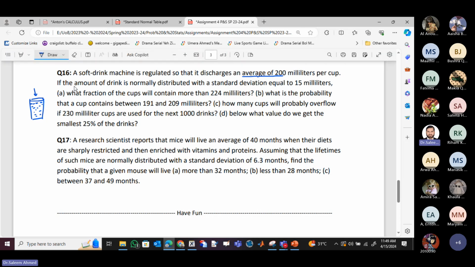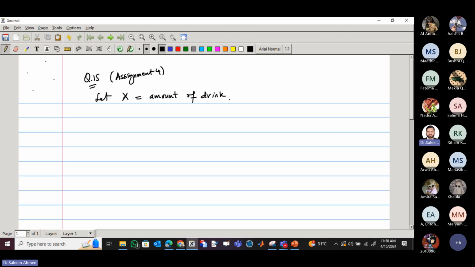If the amount of drink is normally distributed with standard deviation 15 milliliters, then X is normally distributed with mu and sigma, where mu is given as 200 ml and sigma was given as 15 ml. Sigma means there is some variation. After all, it is a machine, so sometimes it discharges more than 200 ml and sometimes less than 200 ml, right?